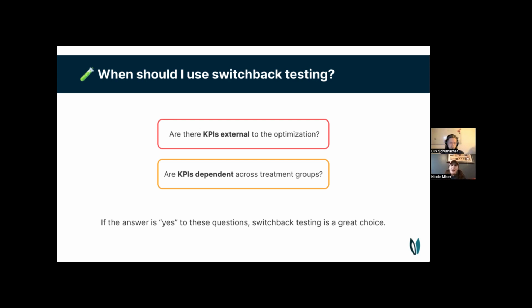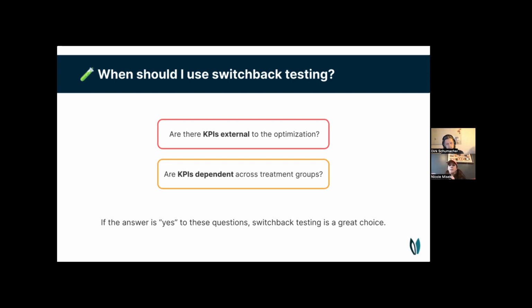Assuming that you have some external, behavioral KPIs that you care about, then you move to the next question: are your KPIs independent across your treatment groups? If we think about advertising, for example, if you show your treatment group campaign A and you show your control group campaign B, what you show your treatment group has no impact.